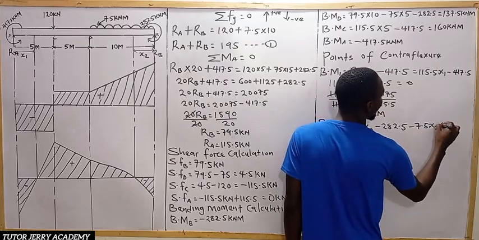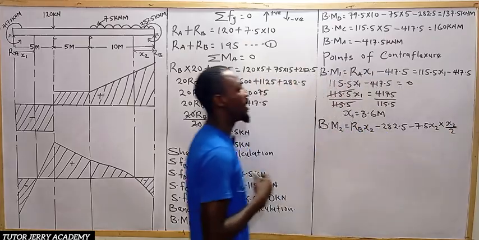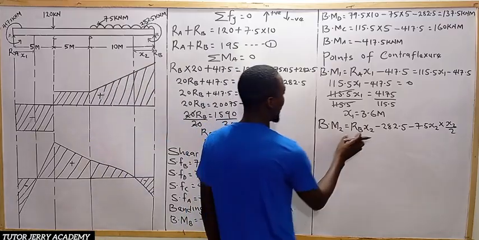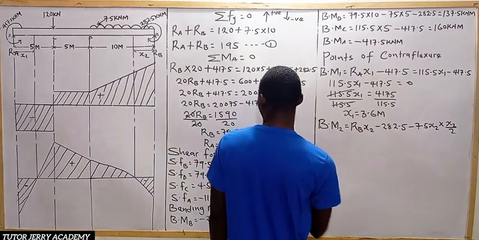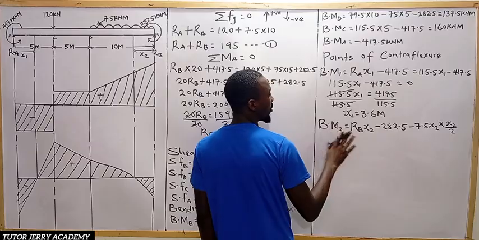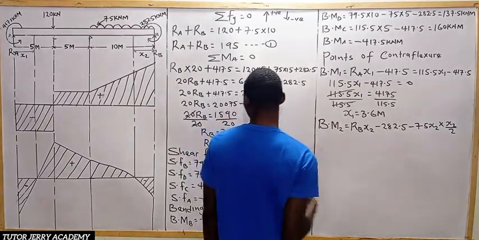Then we multiply by the distance it covers, which is S2 divided by 2. I hope you understand this. All right, and then our RB here is nothing but what? 79.5. So we are going to equate this equation to 0.